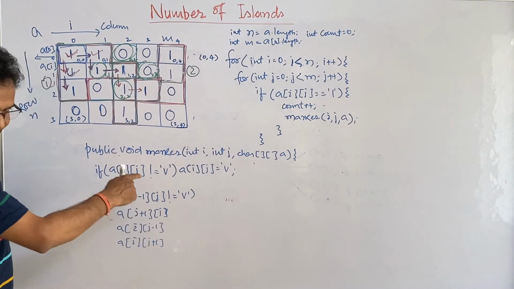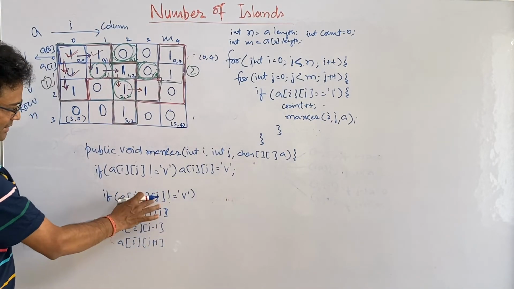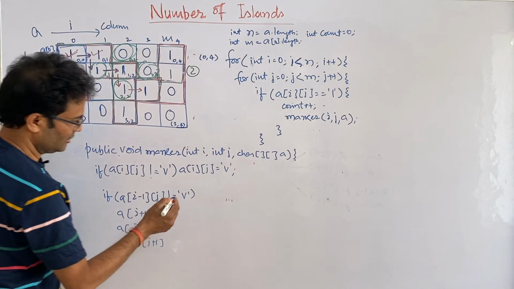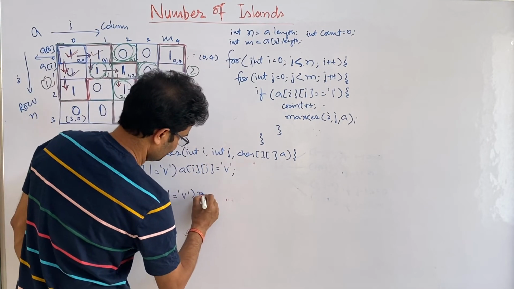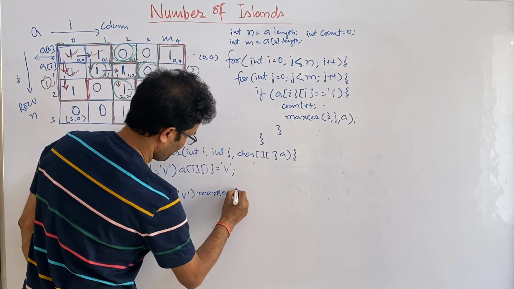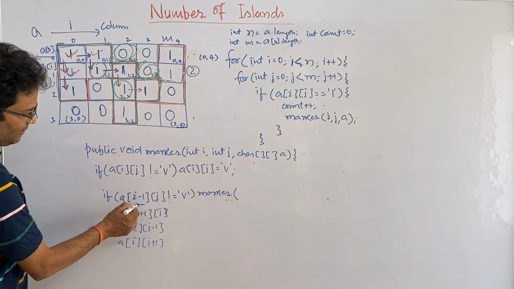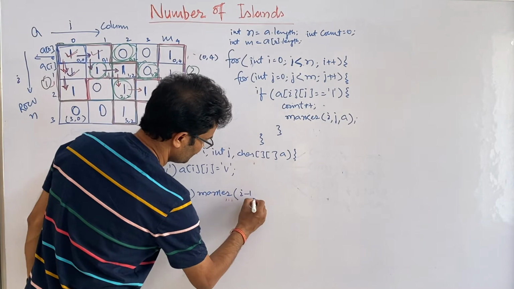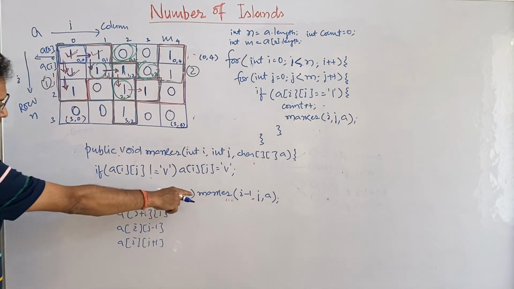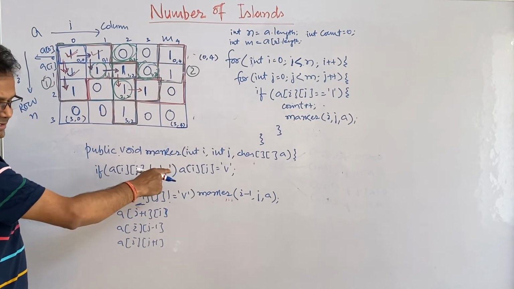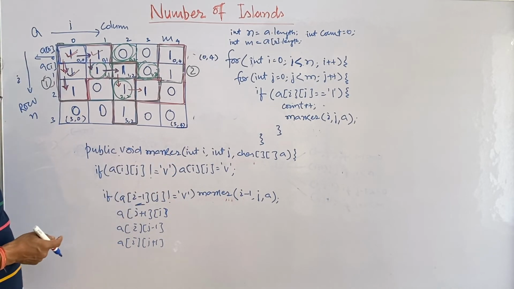Again, make it recursive and send this element to the marker method. So I will again call this method. This time what does A become? A becomes i minus 1 and j. Yeah. So again it will go to the same method, make it visited, and again find out the neighbors recursively.